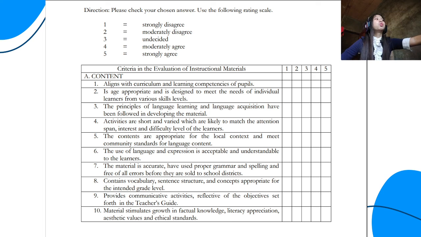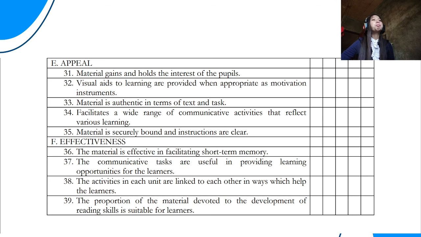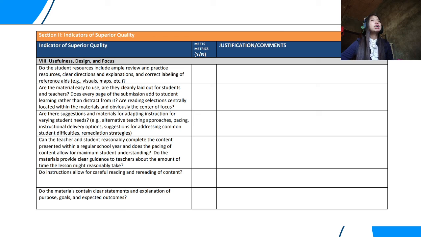Okay, so they really thought that content is their prioritized indicator. Okay, content followed by the organization and presentation, equity and accessibility, assessment, appeal, effectiveness, efficiency, and lastly the general satisfaction.